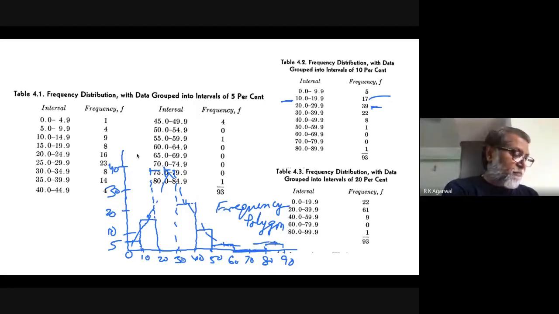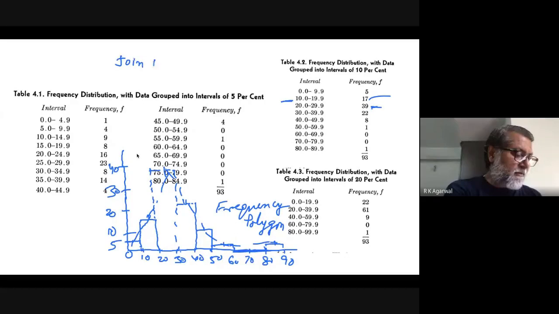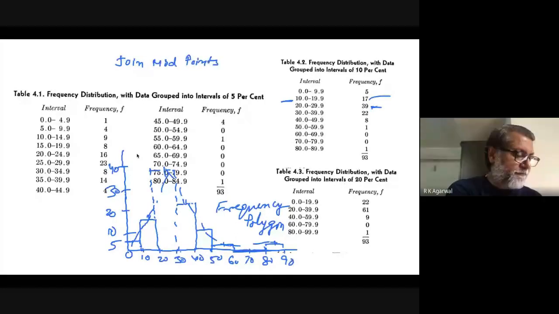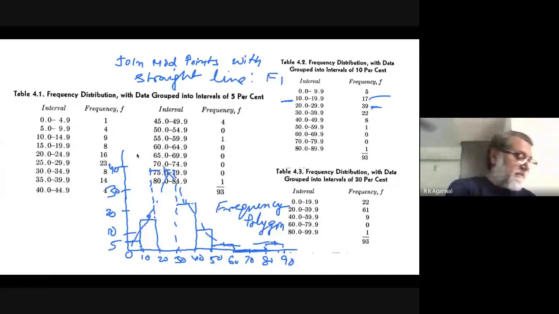There are two things. One, you join the midpoints with a straight line, then you will get a frequency polygon. But instead of a straight line, what if you join with a smooth curve?